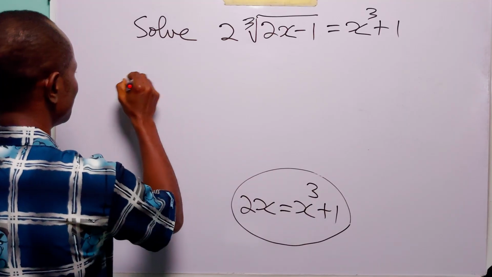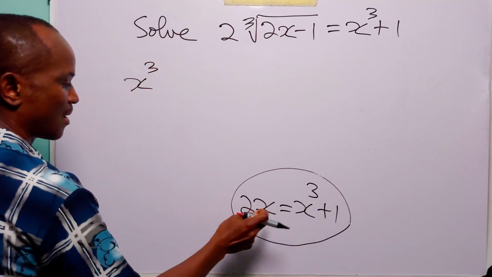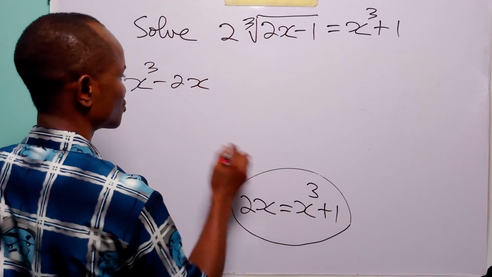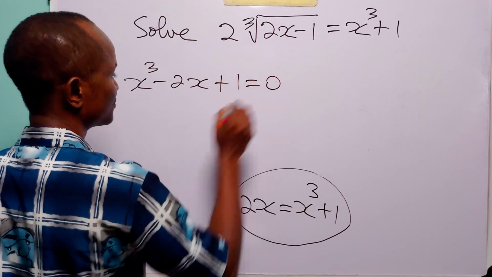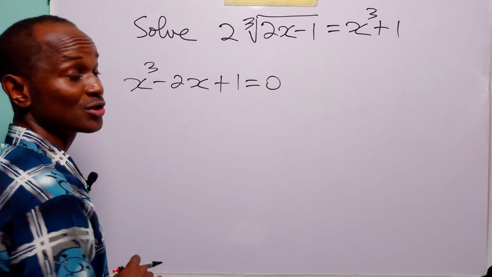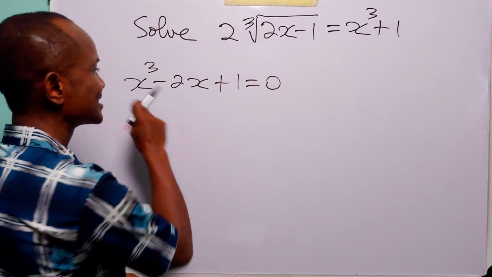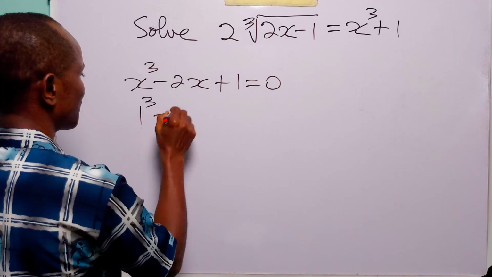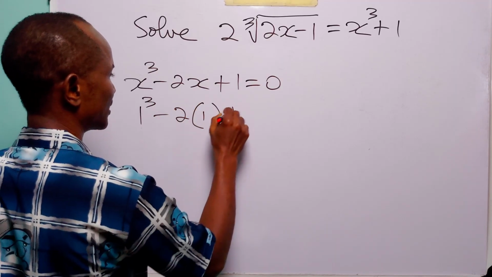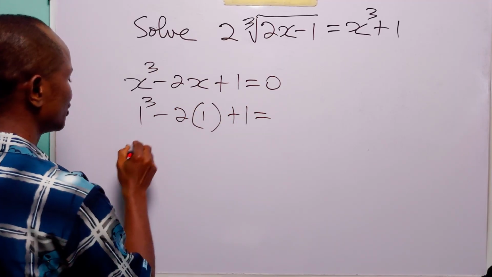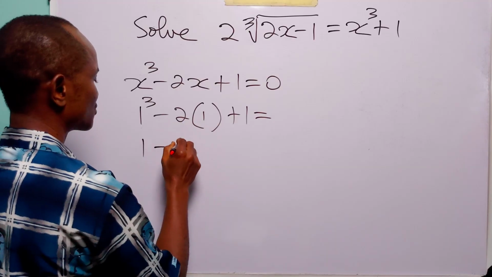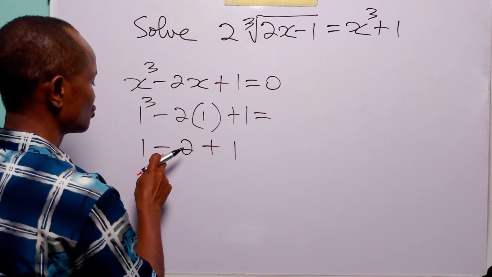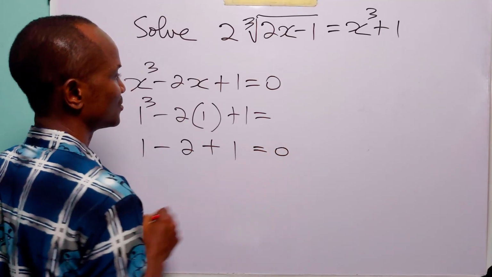Now to solve this equation, we are going to start by rearranging it. We have x cubed minus 2x plus 1 is equal to 0. Now notice that x equal to 1 satisfies this equation because we have 1 cubed minus 2 times 1 plus 1. 1 cubed is 1. 2 times 1 is 2, plus 1. 1 plus 1 is 2. 2 minus 2 is equal to 0.